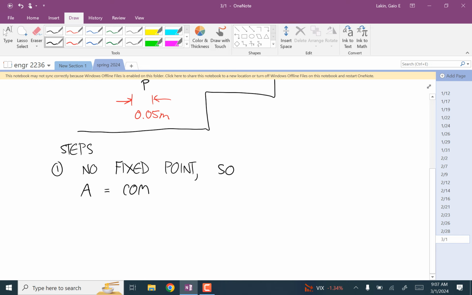Okay, that was the first step. And the second step is to calculate the mass moment of inertia. And that ended up being a whole deal, right? But now we've done it.